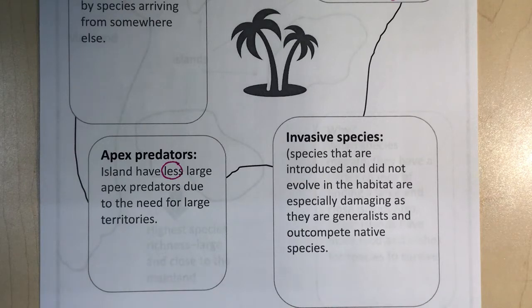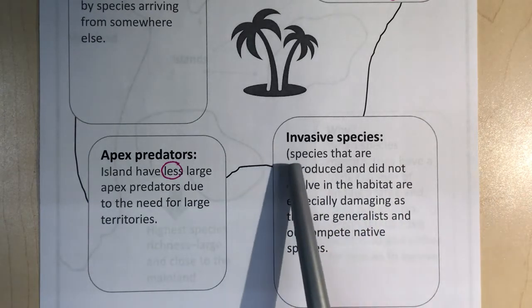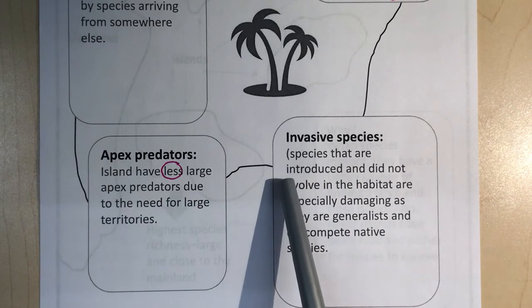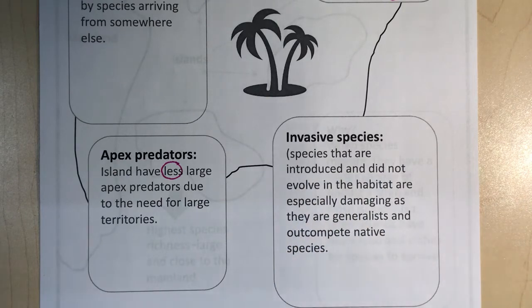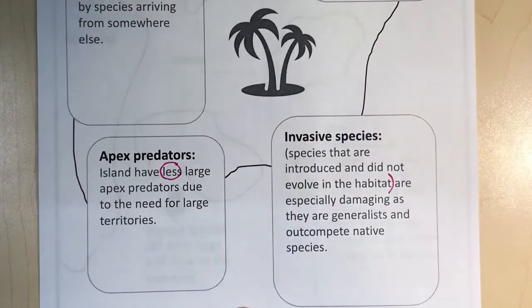And then also on islands, now invasive species are a problem everywhere, but they're going to be particularly a problem on islands. And so this is a definition. Invasive species are ones that are introduced and did not evolve in the habitat. And there's the in parentheses.